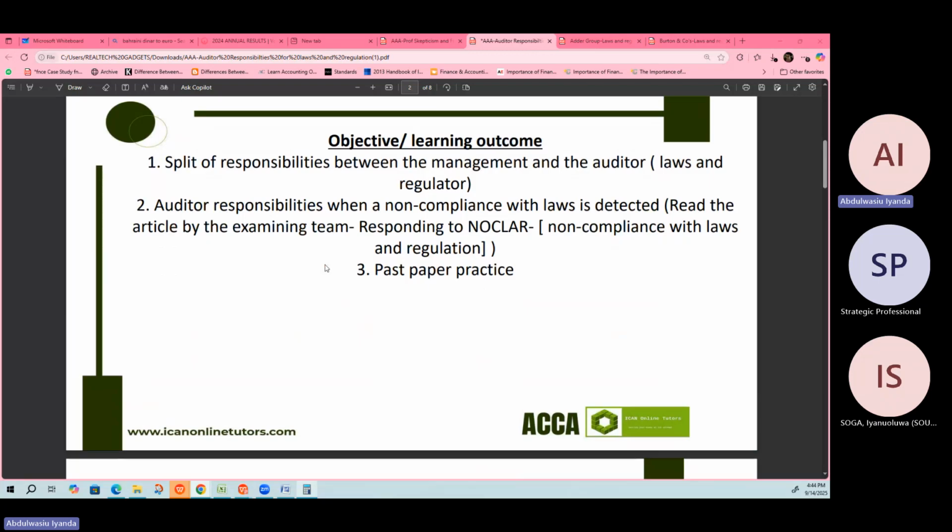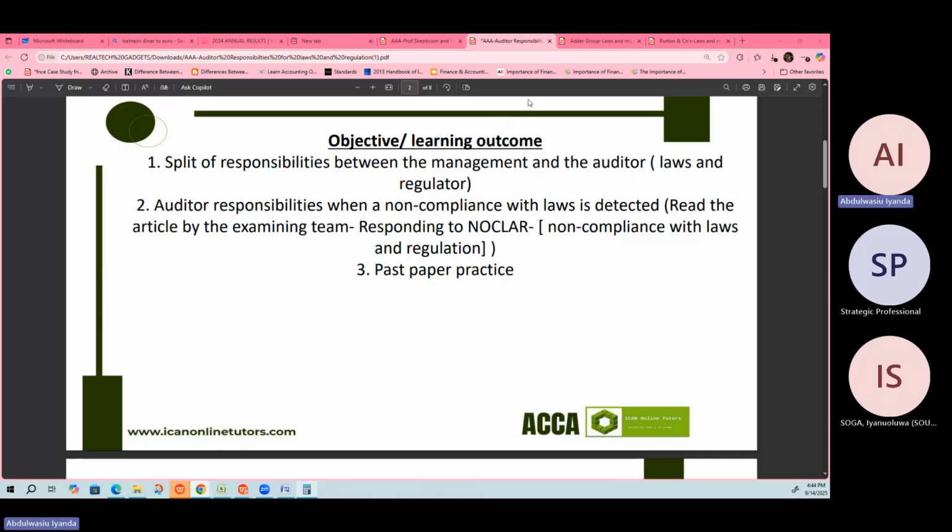So when it comes to non-compliance with laws and regulation, the management has responsibility and the auditor also has responsibility. We'll be looking at the responsibility of the management and the responsibility of the auditor. The third thing we are going to do is some practice questions.